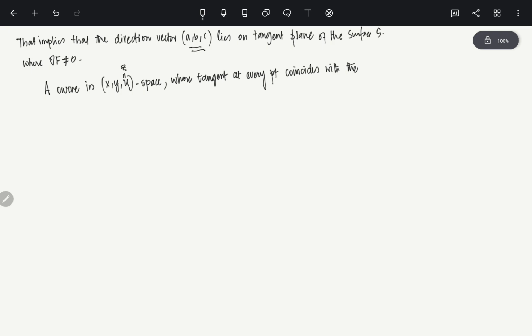This is a direction field, and we will call it a characteristic direction field. Why characteristic? Because the whole equation is actually determined by ABC. If you change ABC, the equation changes. So a curve whose tangent coincides with the characteristic direction field ABC is called the characteristic curve.